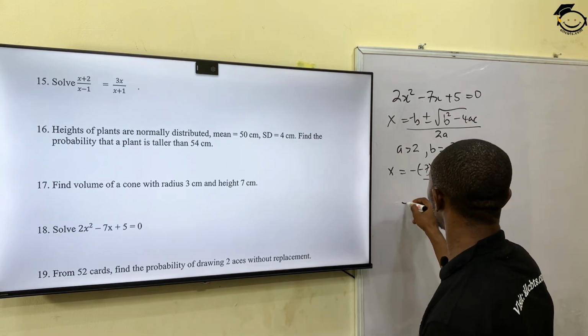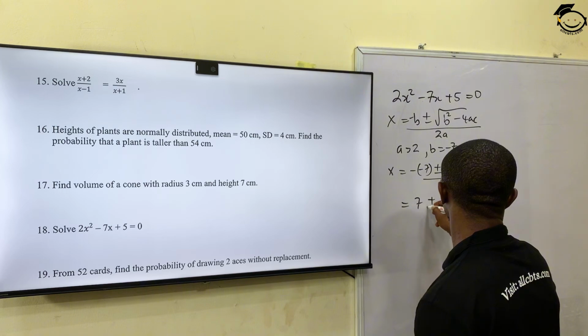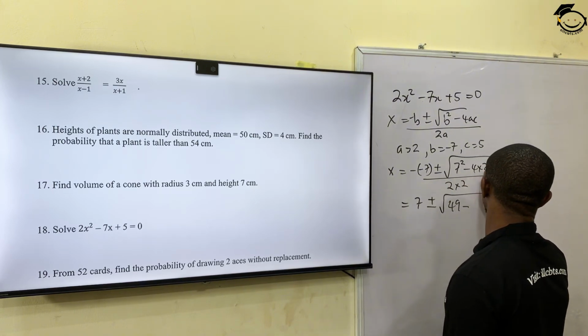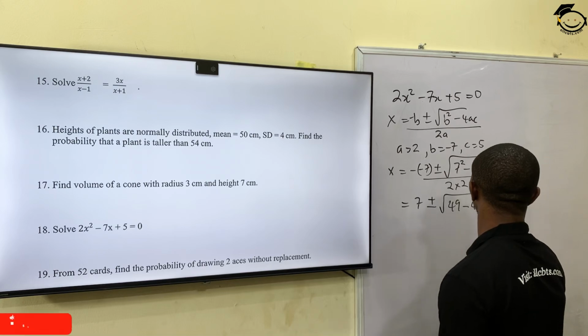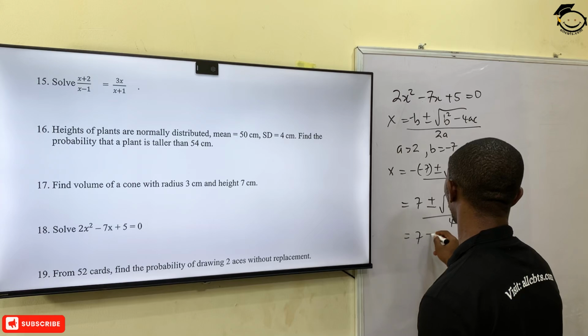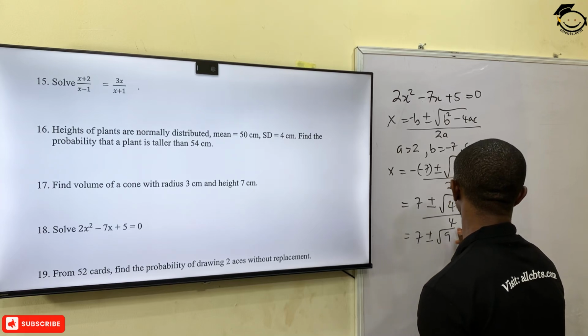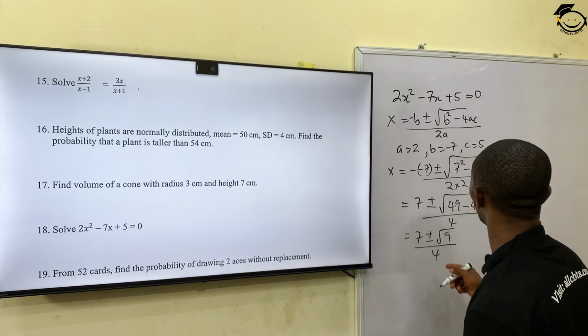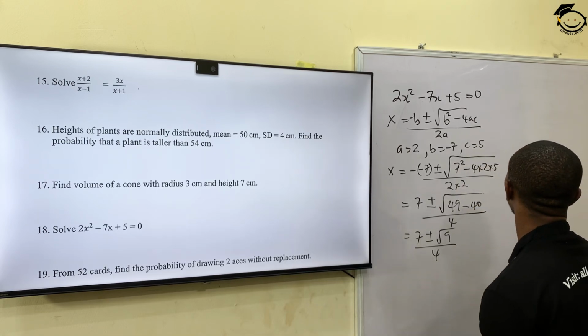All right, this will give us 7 plus minus root 49 minus 40 all over 4. So this gives us 7 plus minus root 9 over 4. Now root 9 we know is 3.